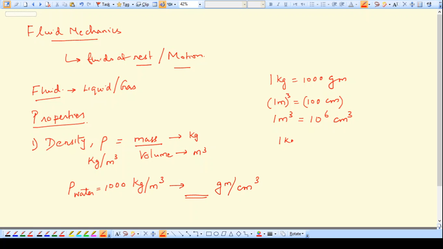So 1 kg per meter cube can be written as 1000 gram divided by 10 power 6 centimeter cube. So 1 kg per meter cube can be written as 10 power minus 3 grams per centimeter cube.